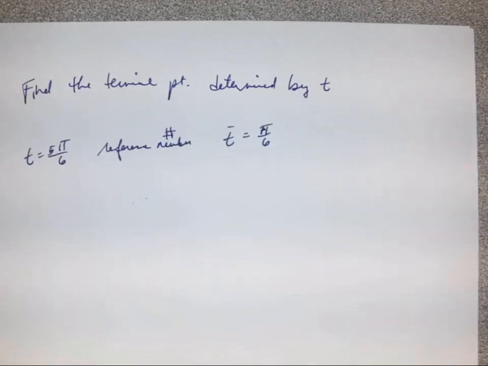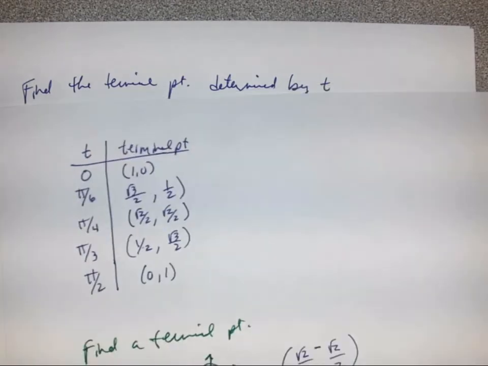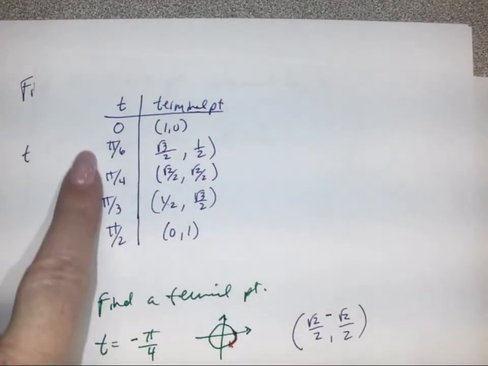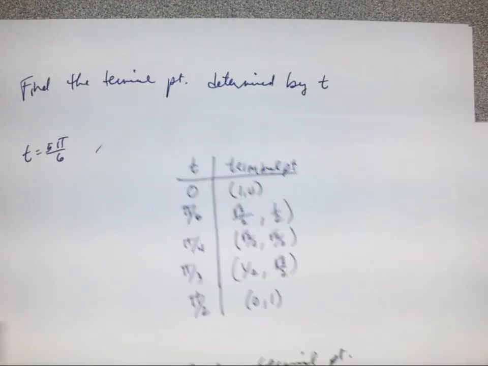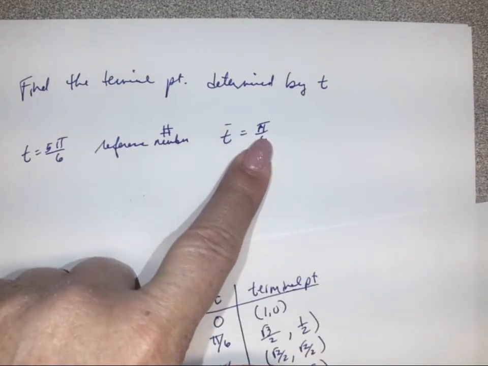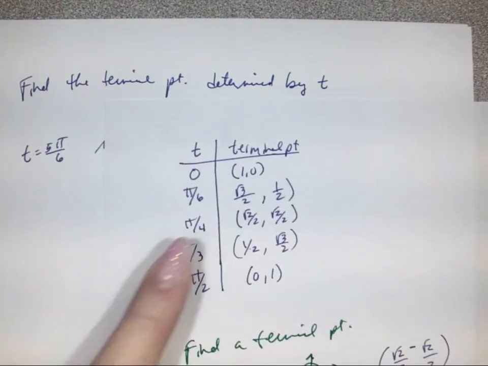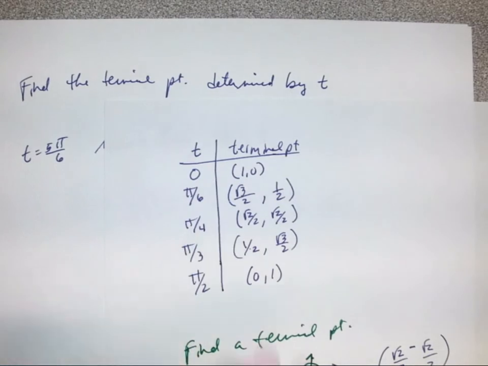With that t bar takes us back to those terminal points that we discussed a little bit ago. We can use our terminal points here to figure out what's going on. So we have pi over 6, we know what the point looks like, and I left off one of my parentheses there.